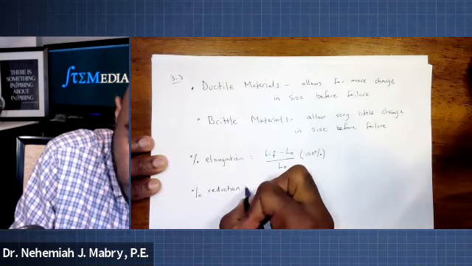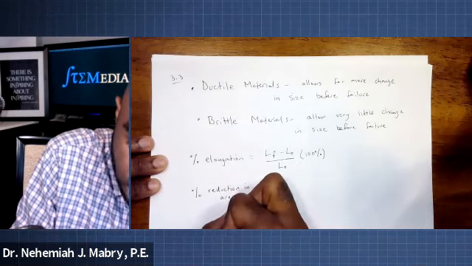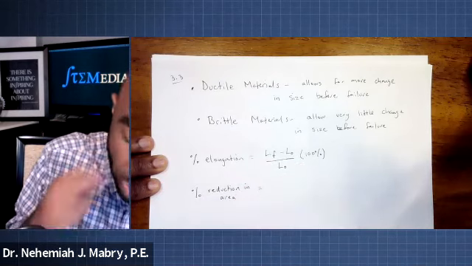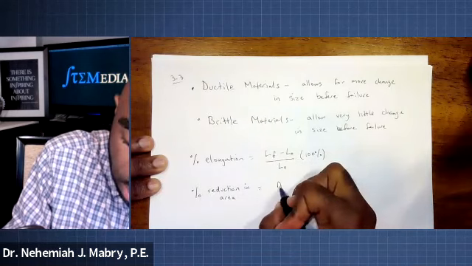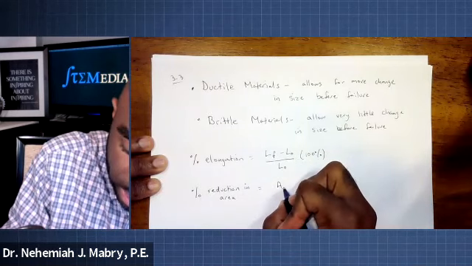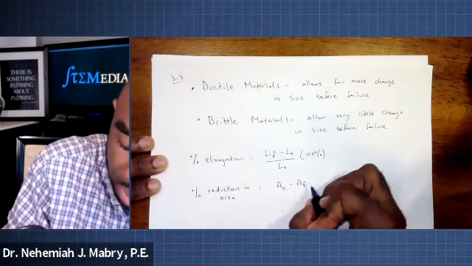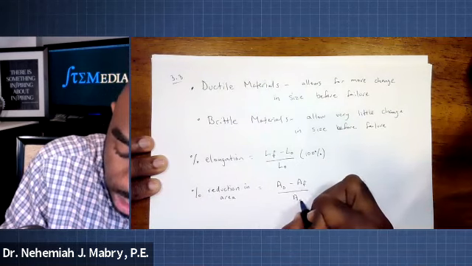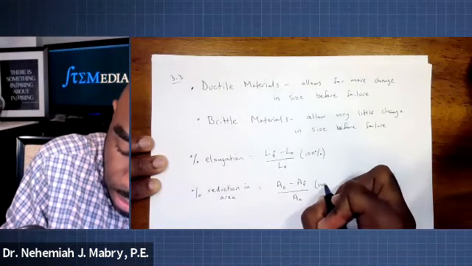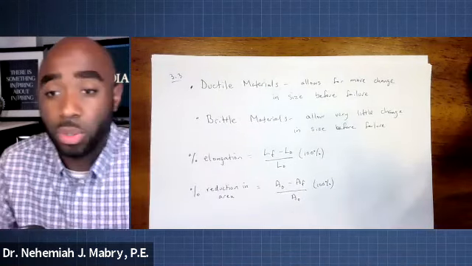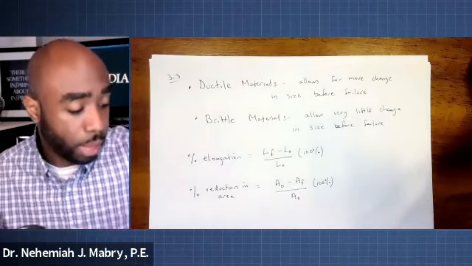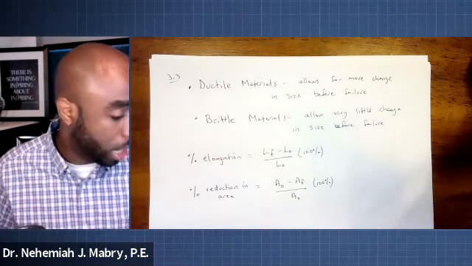We're talking primarily cross-sectional area. So that's going to be sort of the flip of the equation. You got the initial area, pay attention to this, minus the final area over the initial area. All right, so take note of these two equations.